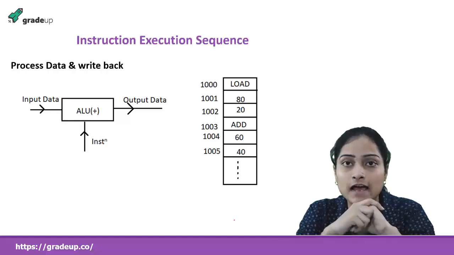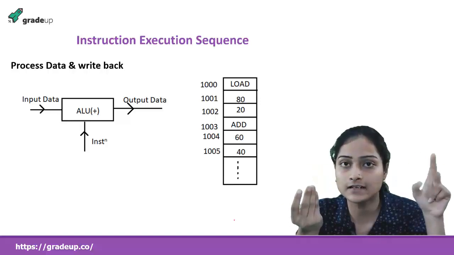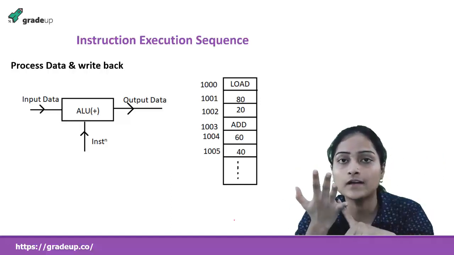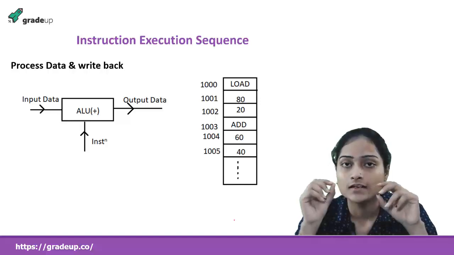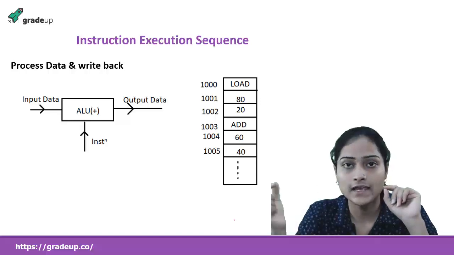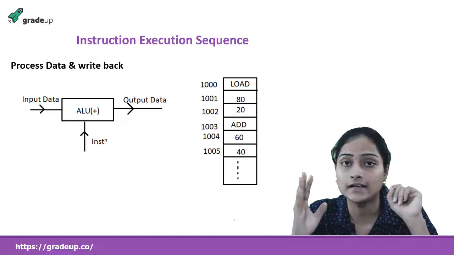In the same manner, I have done operand fetching for this particular instruction. So three things are the same for the above instruction and this one: instruction fetch, instruction decode and operand fetch. Now come towards the next thing. Now I have A in my accumulator and B in my memory. I want to perform addition.